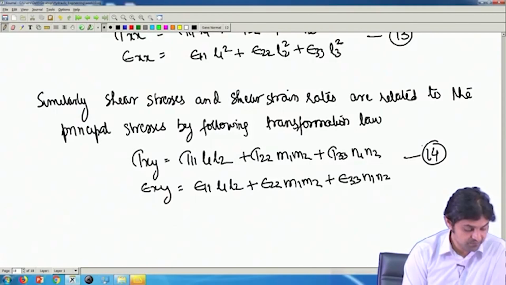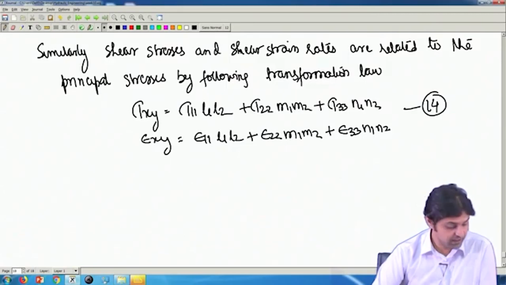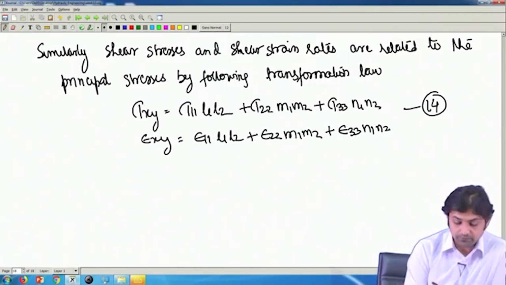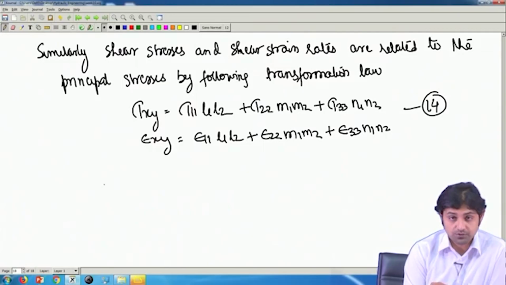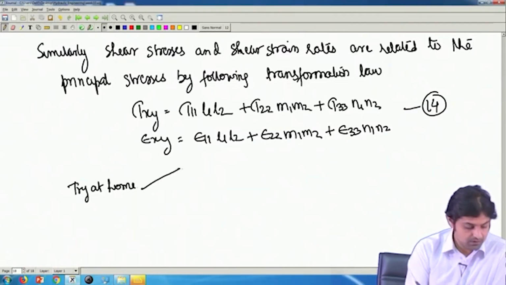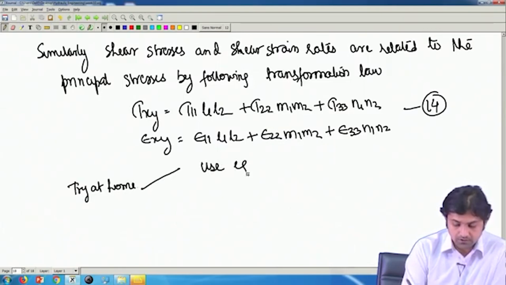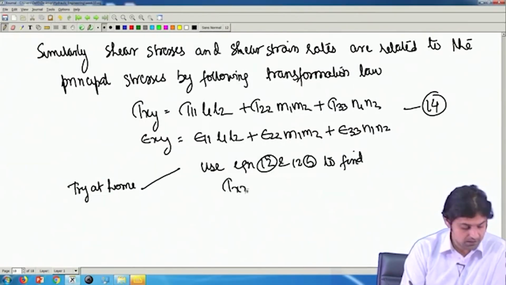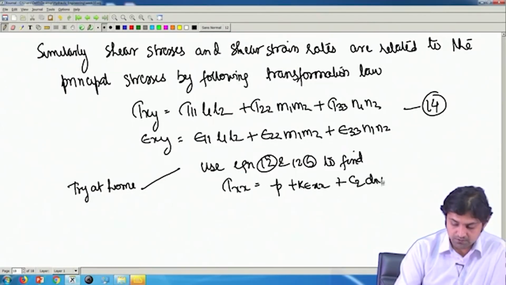Alright. So, there are some things that you can try to find, which I expect you to do at your home, but if you have some problems we can discuss that in the forum. So, two things to try at home: use equation 12 and 12b to find the tau xx that we have written, minus p plus k epsilon xx plus C2 divergence of v.